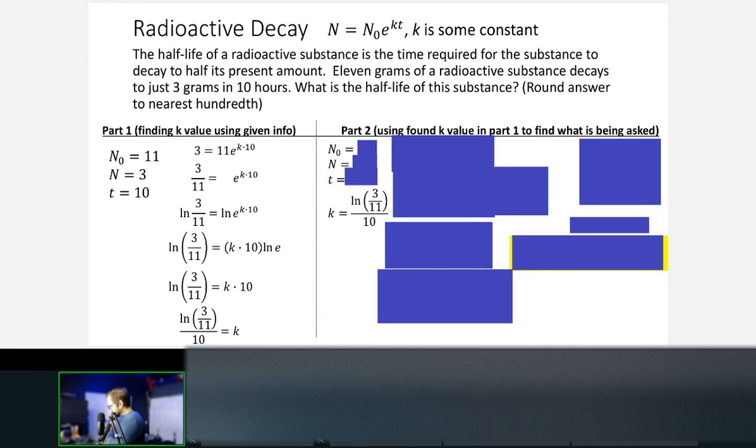All right, so I get about negative 0.129928 dot dot dot. It's rounding it on the screen, and we don't want to write that rounded answer for our part 2 work. It could produce a final answer that might be off by, like, 1/100th of a point, which would be wrong. So there is a store button on just about every calculator that you can store this answer in memory. And when you do that, it stores the exact answer, not this rounded one that we see on the screen.